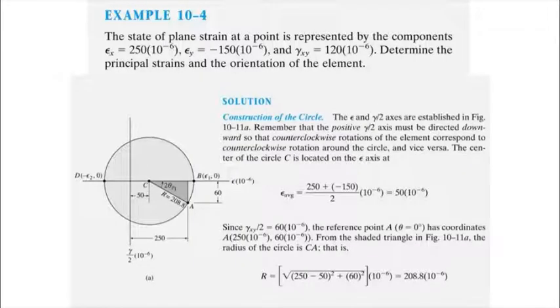So we can just sketch Mohr's circle. First we plot the centroid. We find here that the normal strain x value is positive 250 and the normal strain y is negative 150, about half the value of strain x.